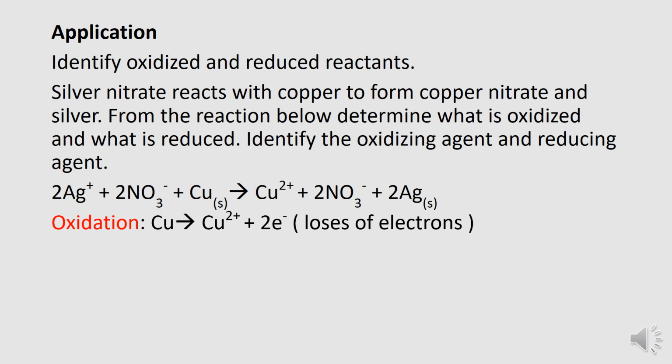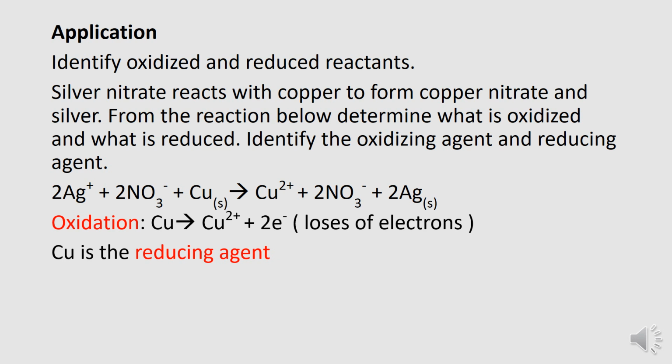So copper loses 2 electrons. So we represent it as the oxidation half reaction. Now, what do we call copper? Is it oxidizing agent or reducing agent? So it is the reducing agent.